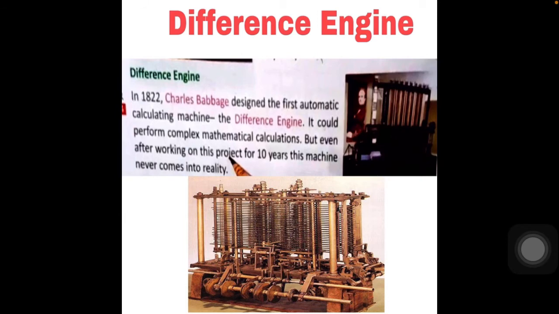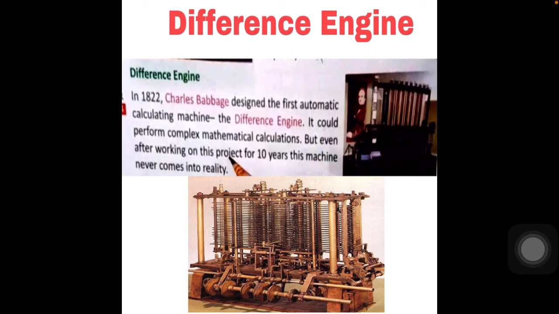But the age of the real computer starts with Charles Babbage. His imagination of a computer looked like today's computer. He gave a new direction to computers, because after the invention of the difference engine, we got the idea of new advanced computer technology. So we call him the father of the computer.